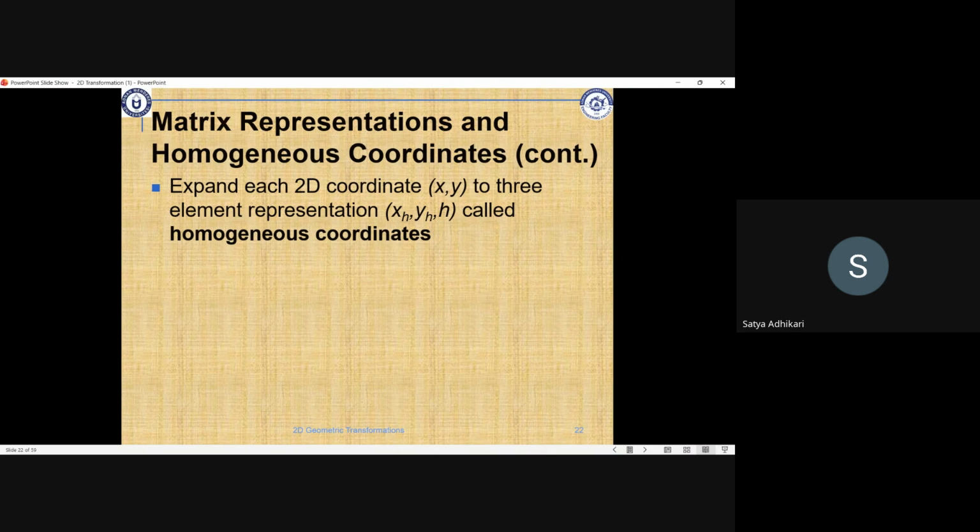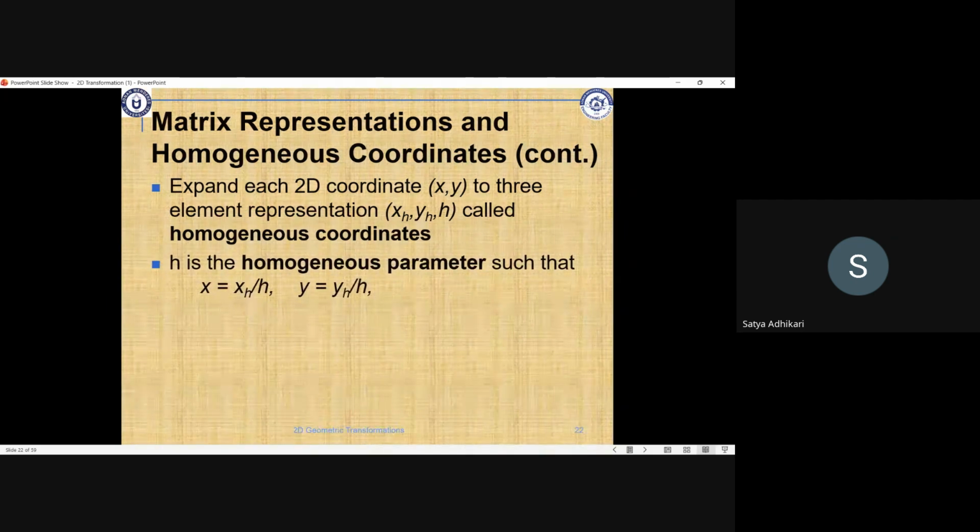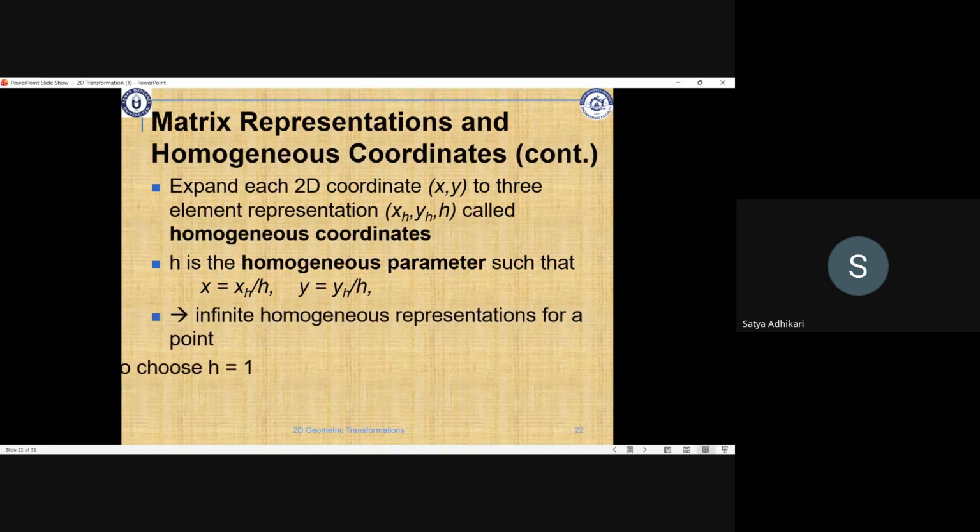So now we can use a matrix of order 3 in place of order 2. So let us see how. h is the homogeneous parameter such that x equals xh by h and y equals yh by h. There are infinite homogeneous representations for a point.